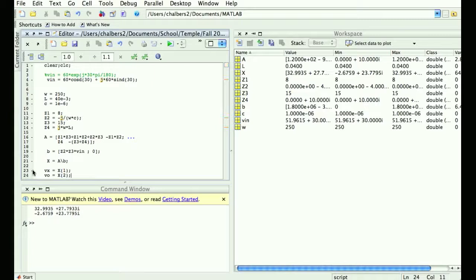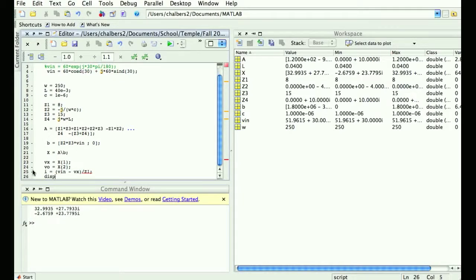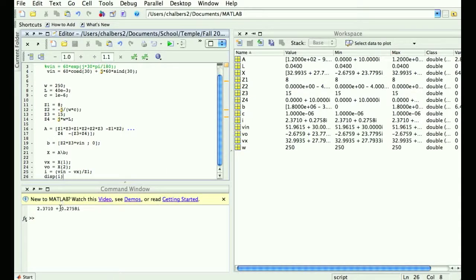And now I can say something like I equals Vin minus Vx over Z1, display I. Okay, there's my current. What do you think? Is that the right answer?